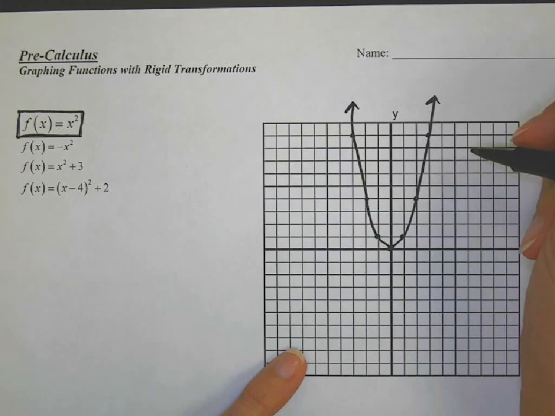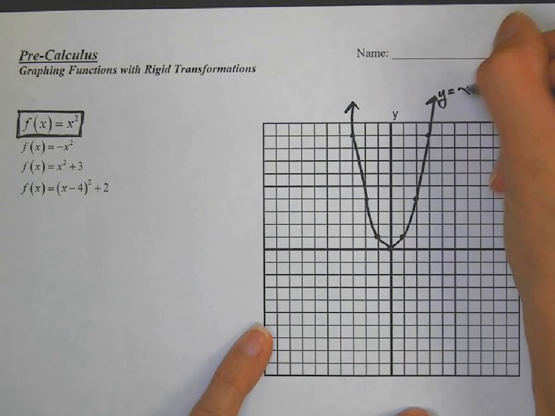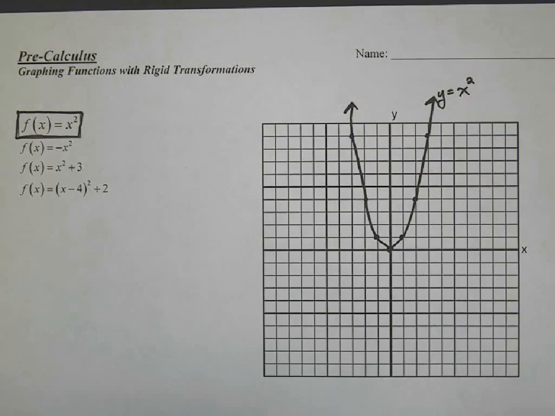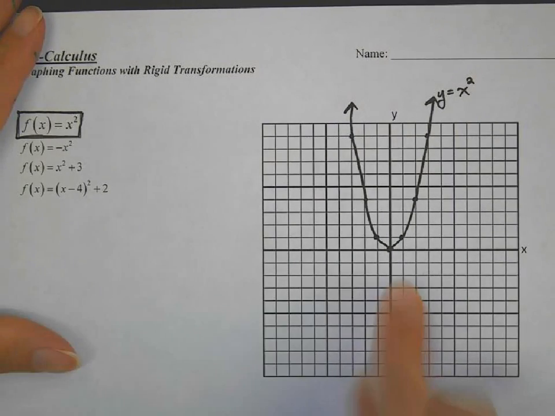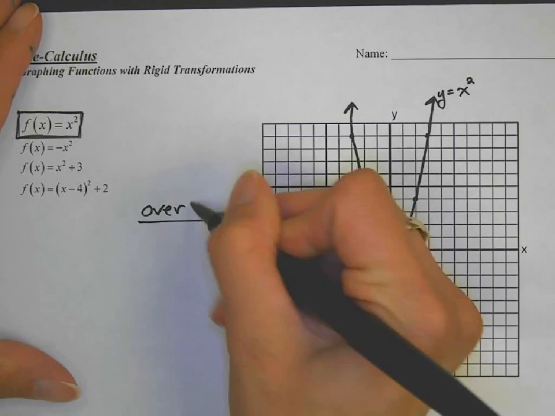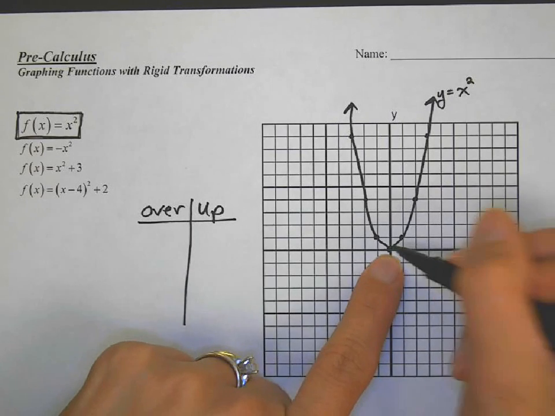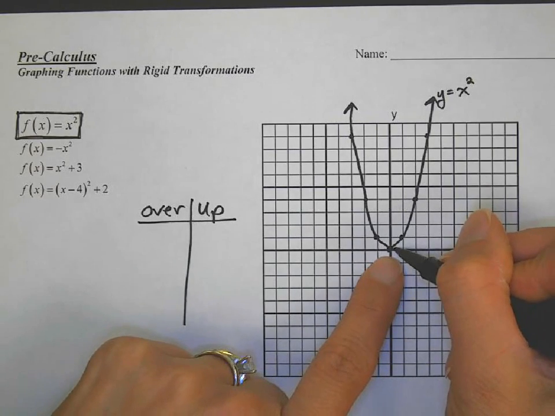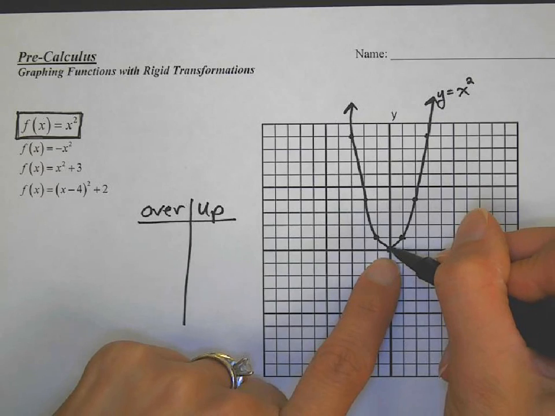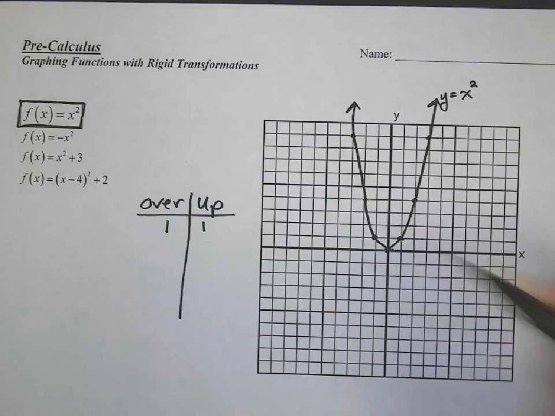Make sure you use lots of different colors so that when I check your notes, this one is clearly x squared. Okay, we're going to study this here for a second now, and we're going to try to understand the growth pattern of a parabola. So he starts at the origin, and to get from the first point to this next point, we go over 1 and we go up 1.